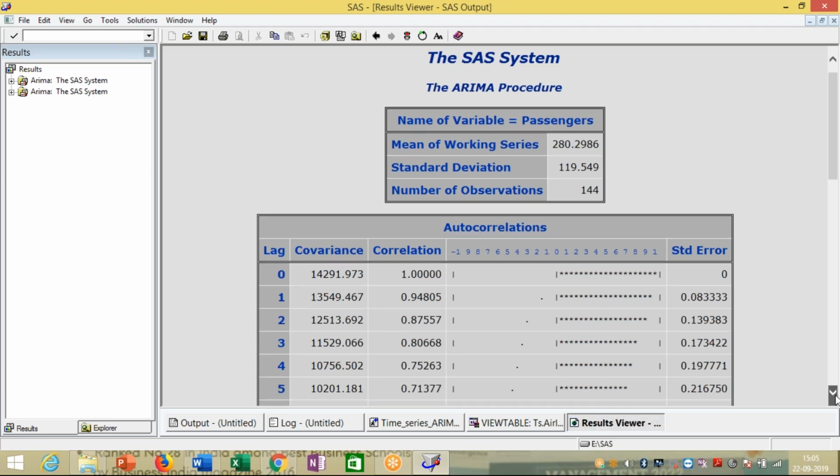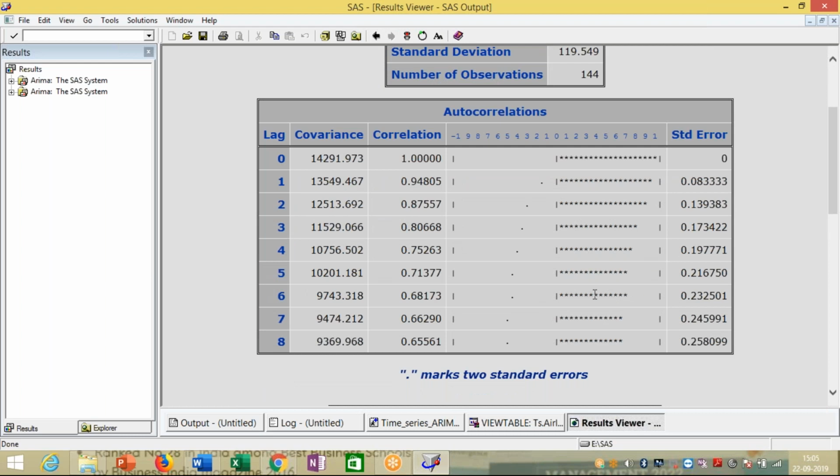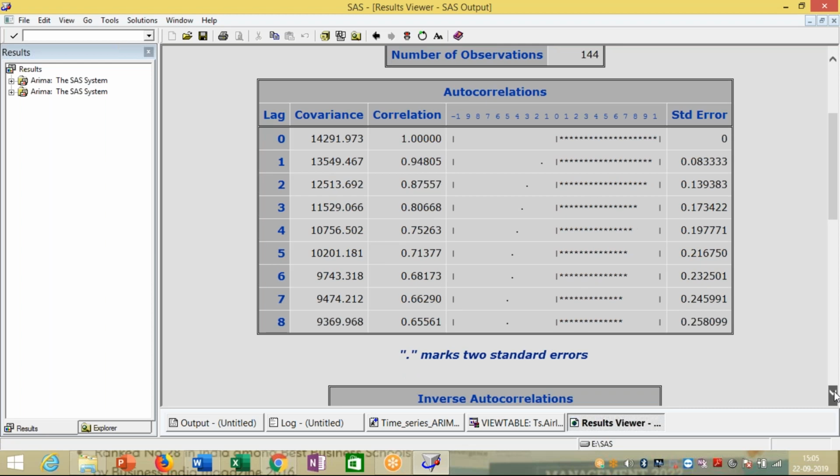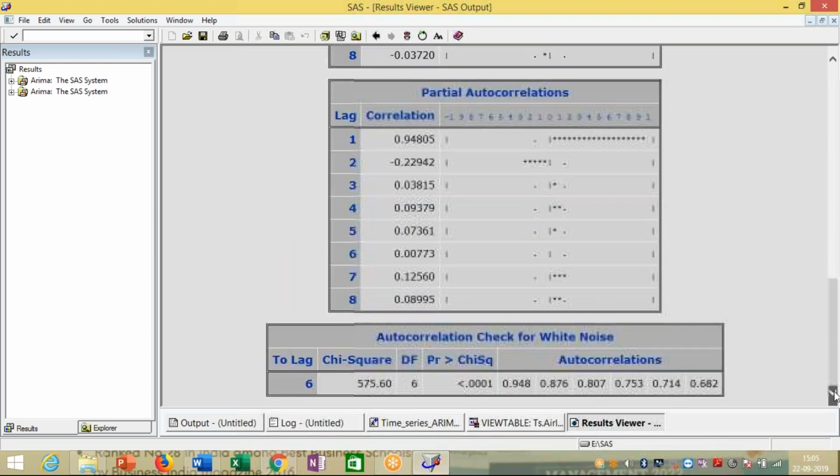So over here, this is your ACF function, or the autocorrelation between the lags. Now, this is the inverse autocorrelation, and this is the partial autocorrelation. We will not look into those. What we will look into here is this result, the autocorrelation check for white noise.